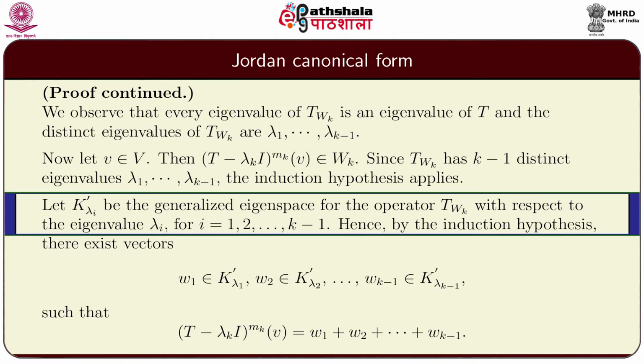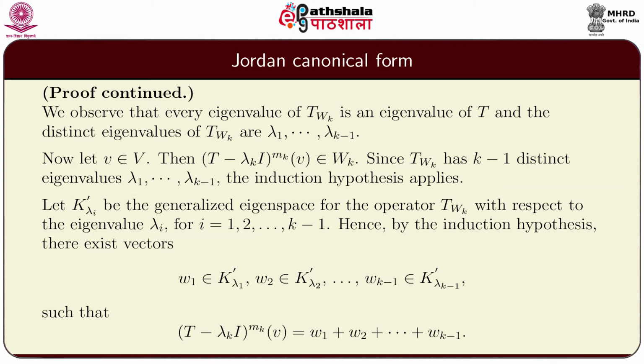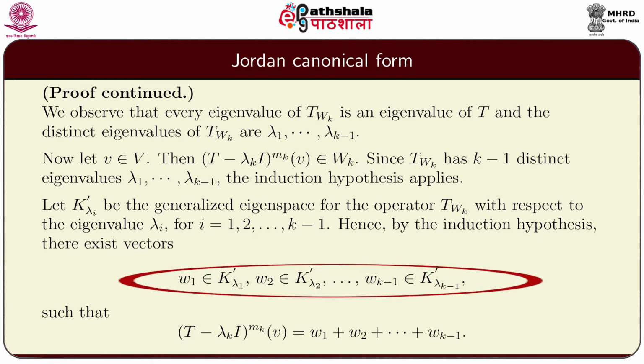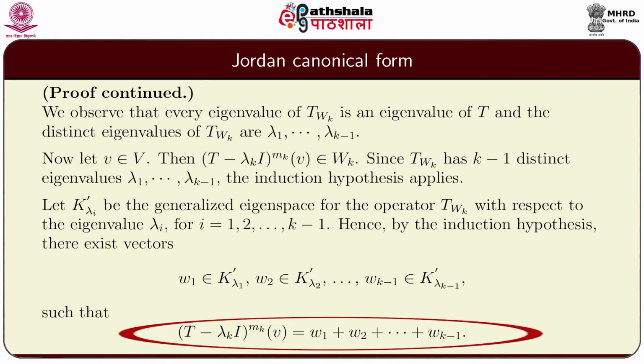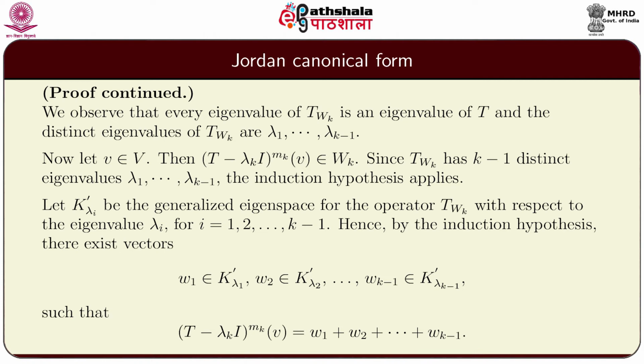Let K lambda i dash be the generalized eigenspace for the operator T restricted to Wk with respect to the eigenvalue lambda i for i equal to 1, 2 and so on k minus 1. Hence, by the induction hypothesis there exist vectors w1 which is in K lambda 1 dash, w2 which is in K lambda 2 dash and so on, w(k minus 1) which is in K lambda (k minus 1) dash, such that (T minus lambda k I) raised to mk of v is the same as w1 plus w2 and so on plus w(k minus 1).